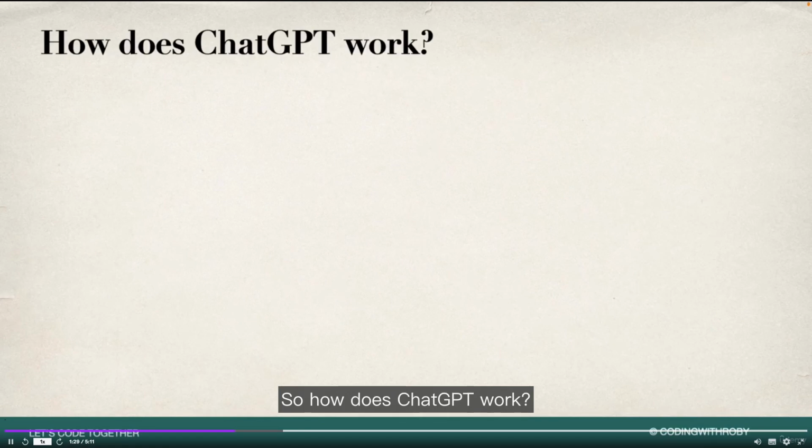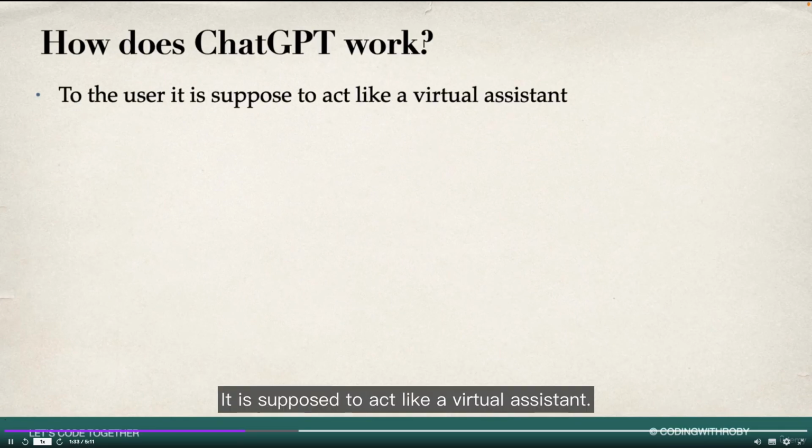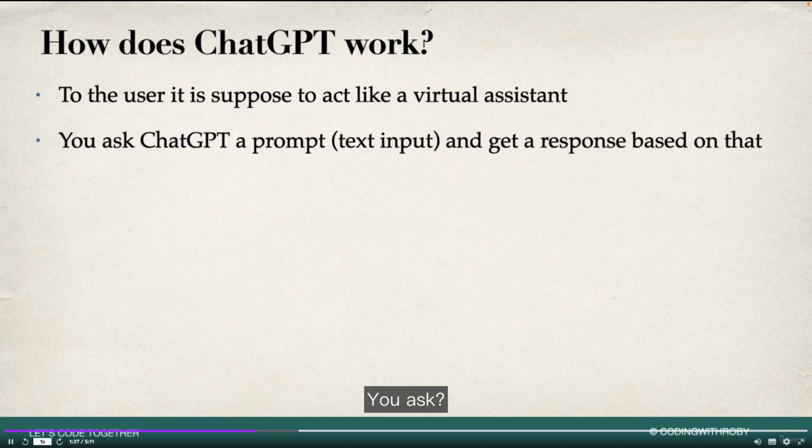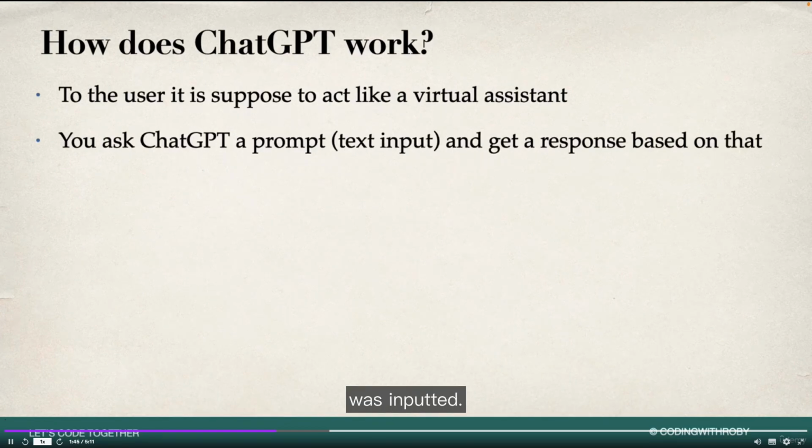So how does ChatGPT work? Well, to the user, it is supposed to act like a virtual assistant. You ask ChatGPT a prompt, which is also known as a text input, and you get a response based on the prompt that was inputted.